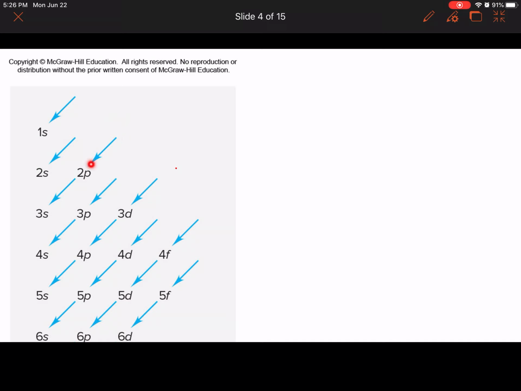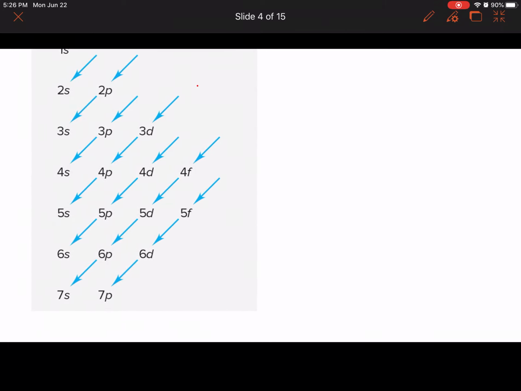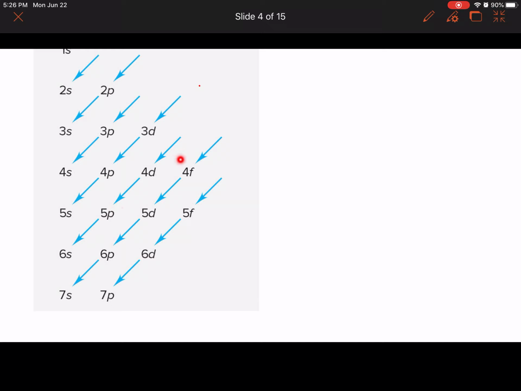And then the 2p goes to the 3s and then comes back to fill up 3p, and then 4s. After 4s, it goes back here to start again with 3d, 4p, 5s. After 5s comes 4d, 5p, 6s, and then after 6s it goes to 4f, 5d, 6p, 7s, and then comes the 5f.